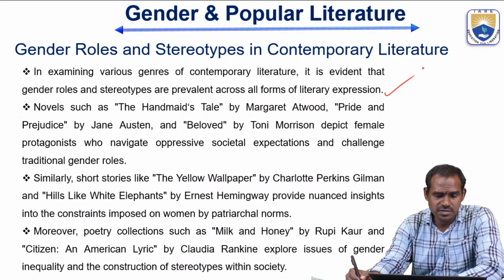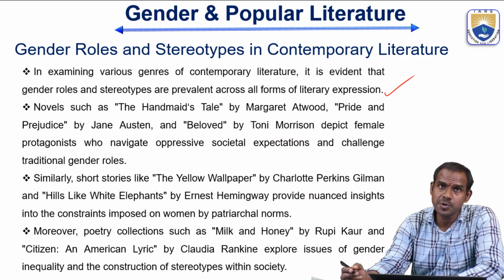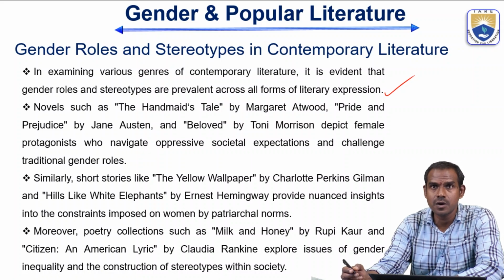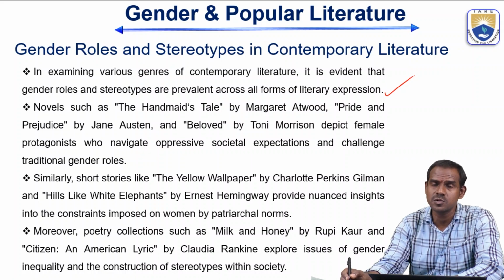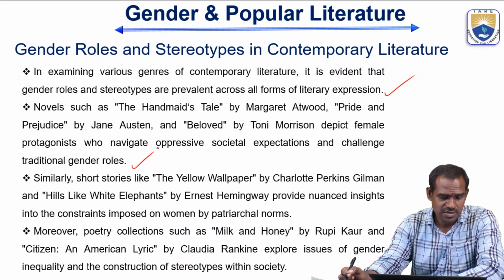Novels such as The Handmaid's Tale by Margaret Atwood, Pride and Prejudice by Jane Austen, and Beloved by Toni Morrison depict female protagonists who navigate oppressive societal expectations and challenge traditional gender roles. There are many examples. Okay?